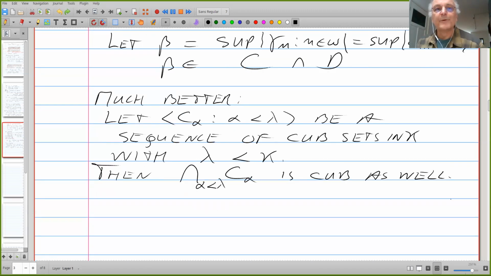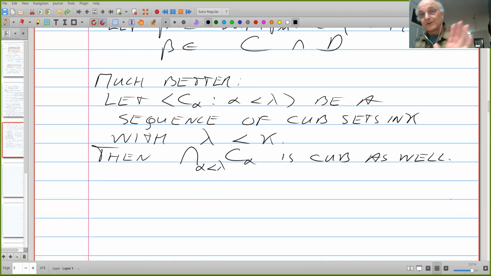Then the intersection of this family of closed unbounded subsets is again closed unbounded. So not only 2, 3, 4, 5, 6, but if we're looking at omega 1, countably many closed unbounded subsets have a closed unbounded intersection. If we are looking at omega 2, if I take omega 1 many closed unbounded subsets, I get a closed unbounded intersection.